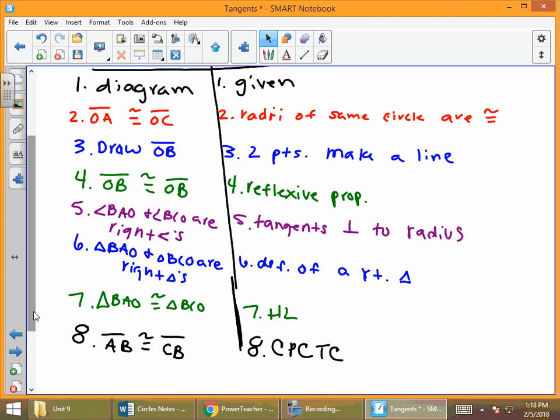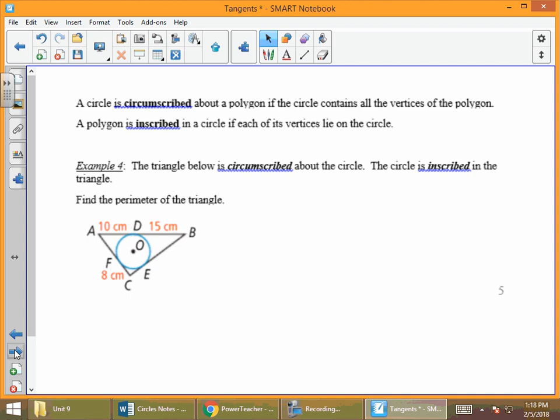One more quick one. So because of this, we can use it for circumscribed polygons. A circle is circumscribed about a polygon if the circle contains all the vertices of the polygon. So if the shape's inside the circle and the vertices of that shape are touching the edges, it's called circumscribed. Okay, so you did those constructions when you drew the circle around the triangle.